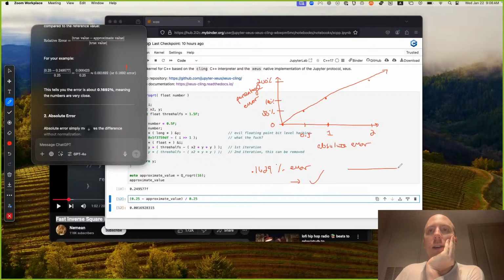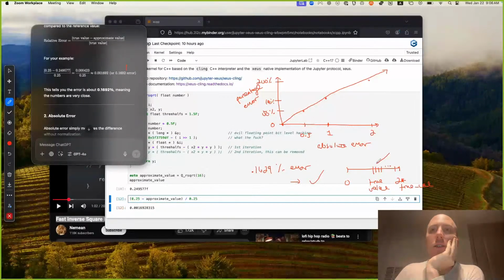Because you kind of think of a line here. Say we got the true value here, and say this is 2 times the true value, and let's say this is 0. If you break this up into chunks, there's 100 of these things.